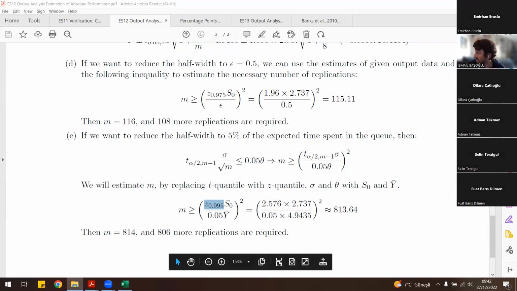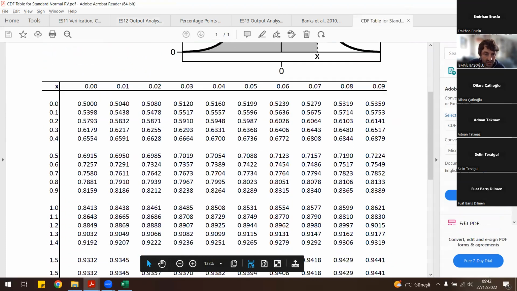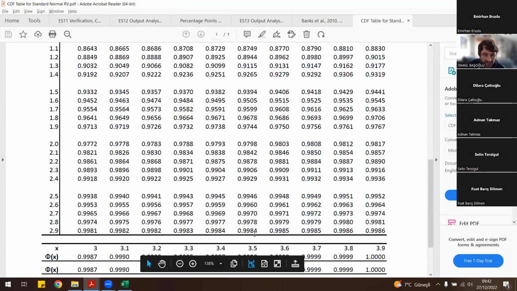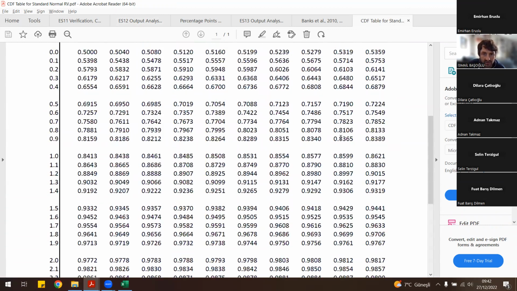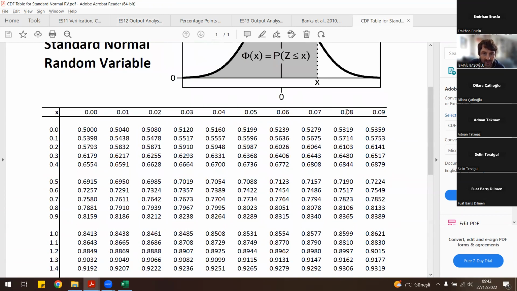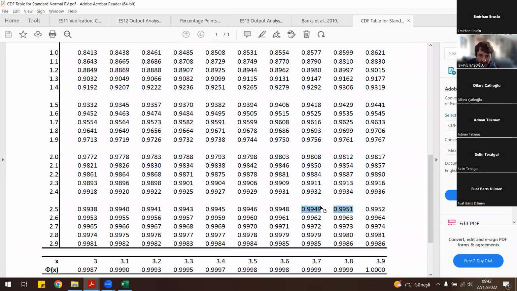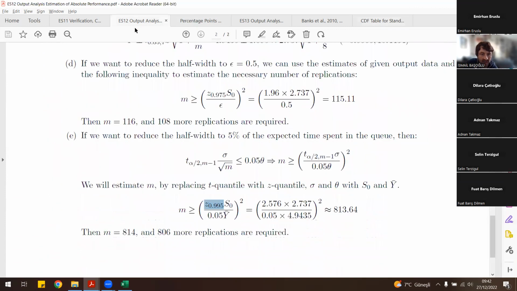For the CDF table of the standard normal distribution, 0.995, my friends, is somewhere between these two values. The z quantile is 2.57 or 2.58, somewhere between these two values. So it should be 2.575, or 2.576. I mean, this result is obtained from Excel. Excel always tells you the truth.